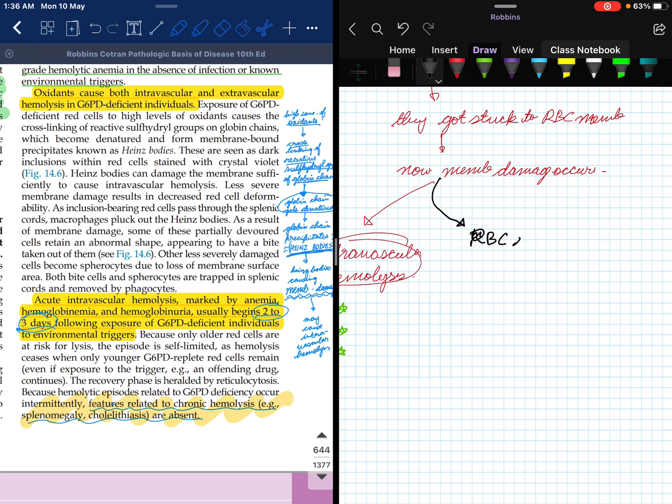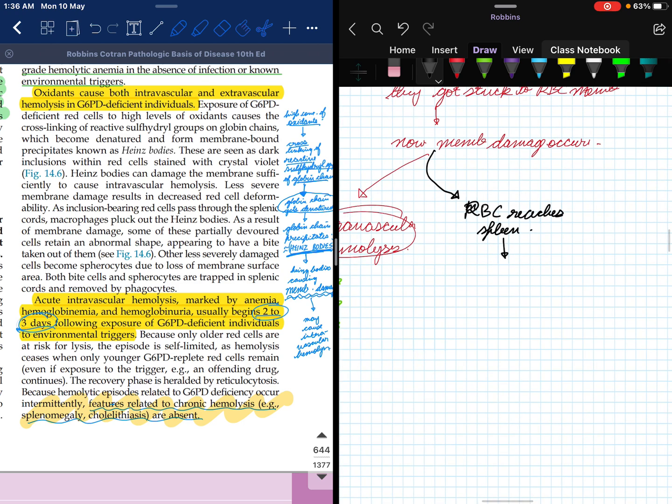The RBC reaches the spleen, and there the macrophages see the abnormal precipitate, that is the Heinz bodies.